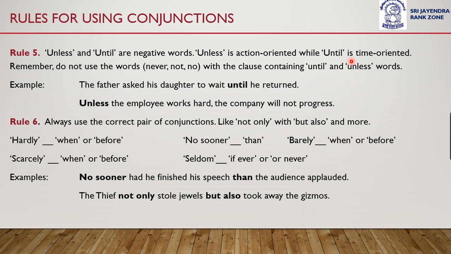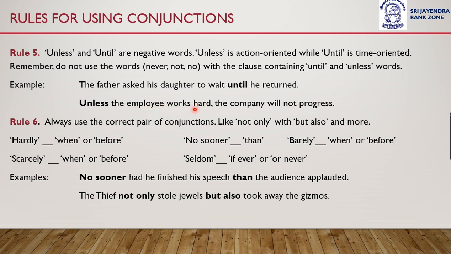For example, the father asked his daughter to wait until he returned. So we have used until because the relationship between these two phrases is time oriented. Okay. Unless the employee works hard, the company will not progress. Unless is used in this sentence because it is an action oriented phrase.